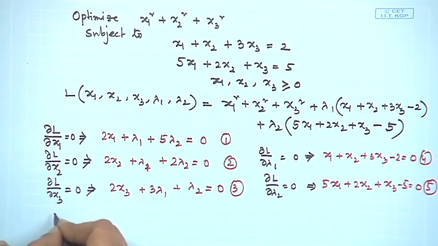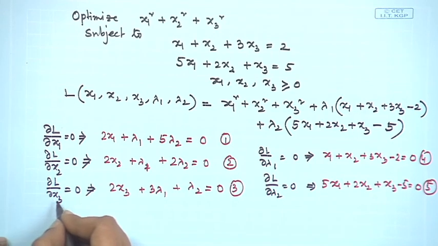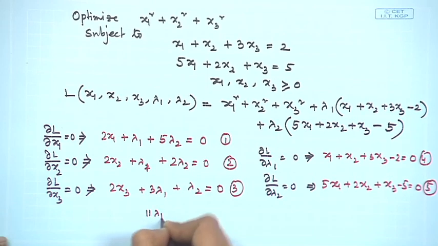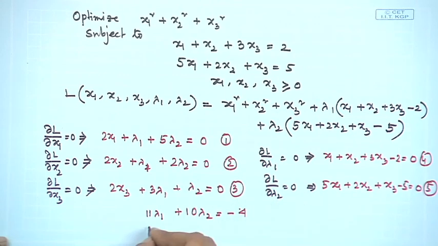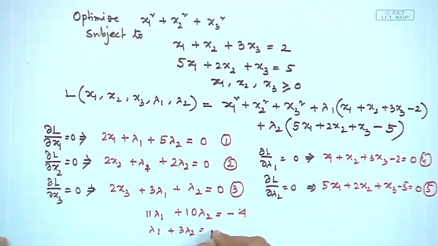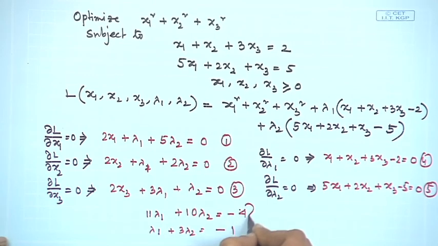If we substitute that, the first equation will come as 11 lambda 1 plus 10 lambda 2 is equal to minus 4, and the second equation will come as lambda 1 plus 3 lambda 2 is equal to minus 1. These two equations will come.